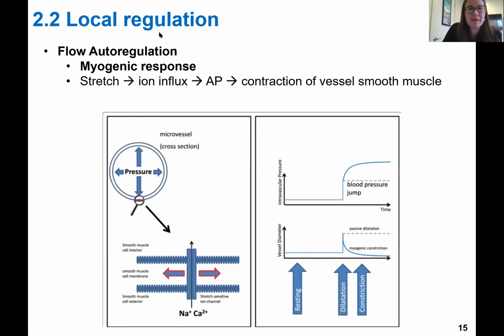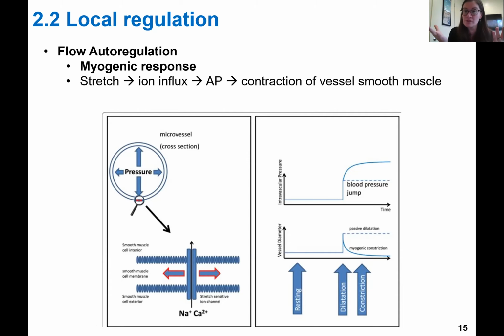Okay, so let's talk about that mechanism of the myogenic response for a second. So this is a cross section of our microvessel, okay? And as the blood pressure starts forcing the walls of that vessel open a bit more, you're gonna stretch the membranes of the smooth muscle cells. And you have stretch receptors in there that are stretch sensitive ion channels. And this has sodium and calcium kind of going through one, but this is diagrammatic. It would be a sodium channel and a separate calcium channel.